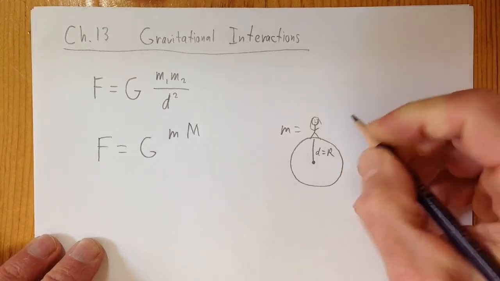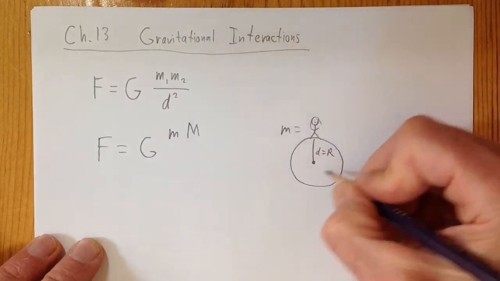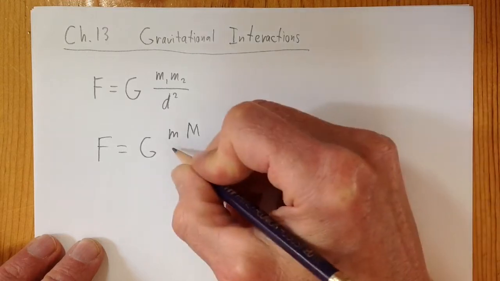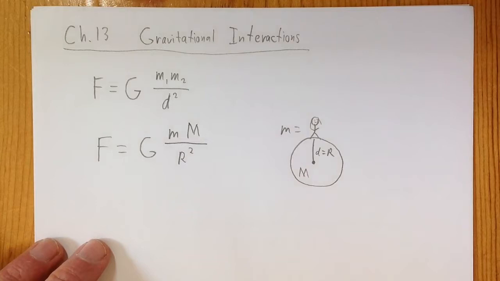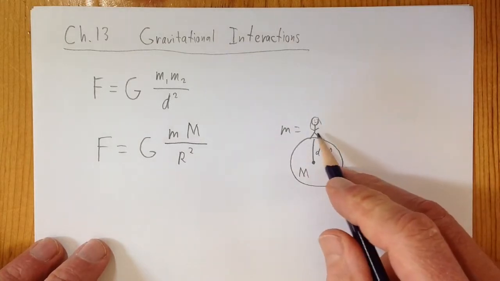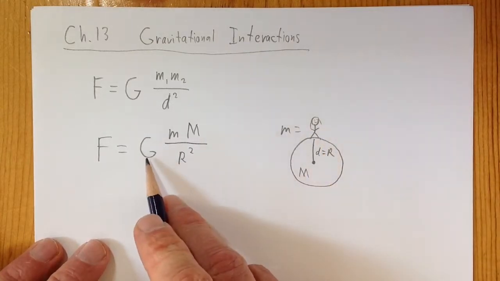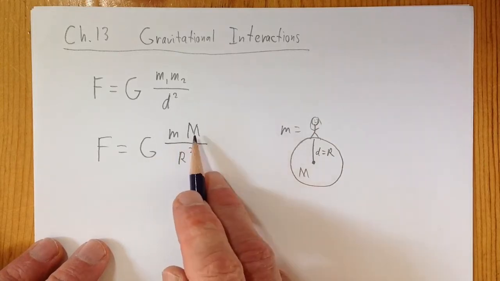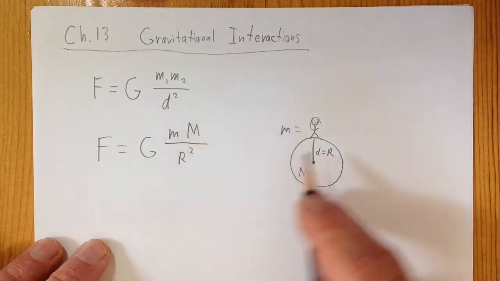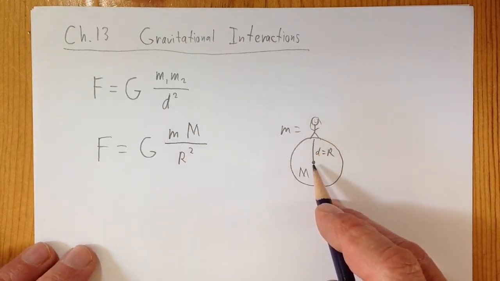So the force of gravity on you would be big G, which you all have memorized, times your mass, times the mass of the planet, divided by the radius, the distance to the center of the planet, squared.